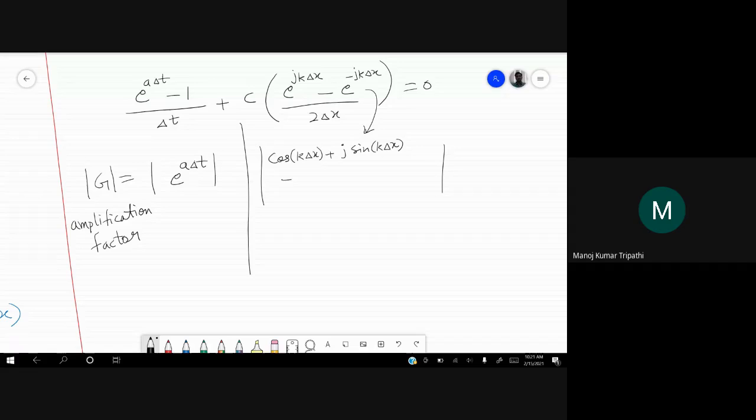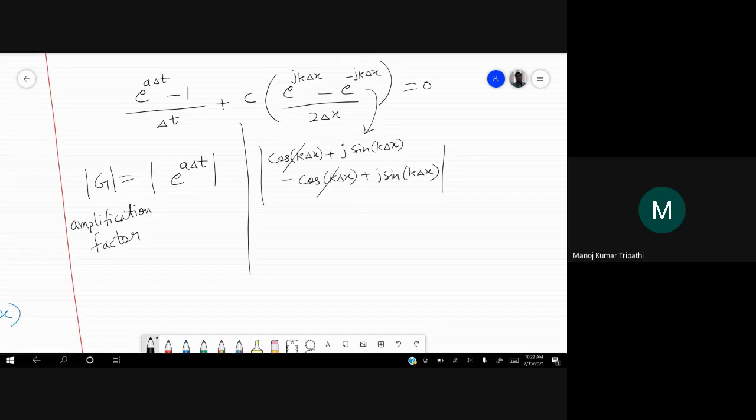And minus cos k delta x, and there is minus minus plus j sin k delta x. So these both cos terms will cancel out.